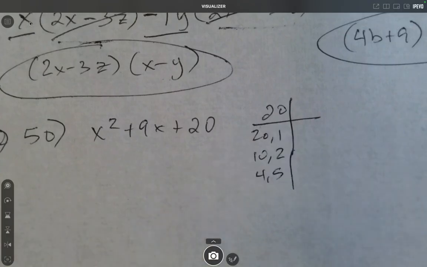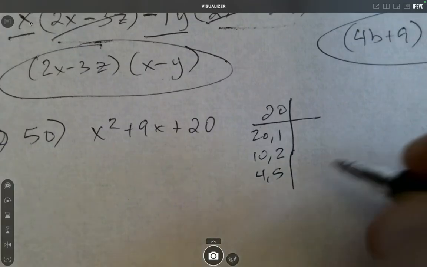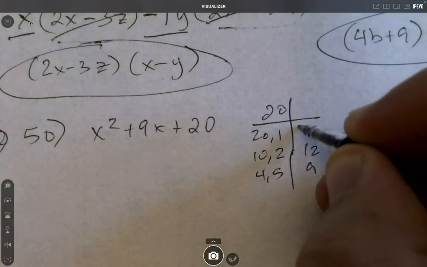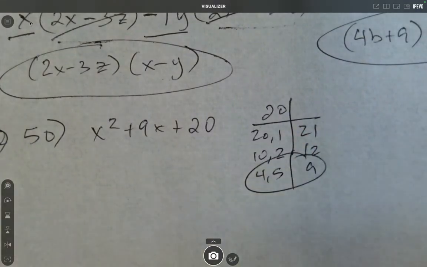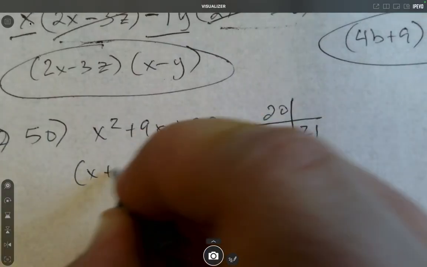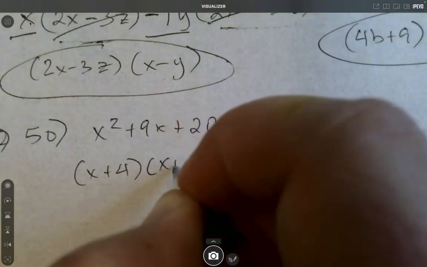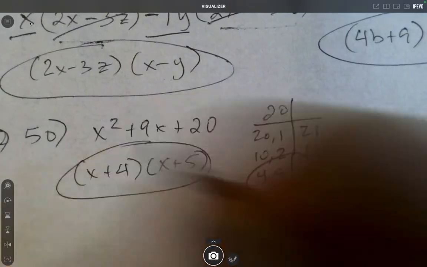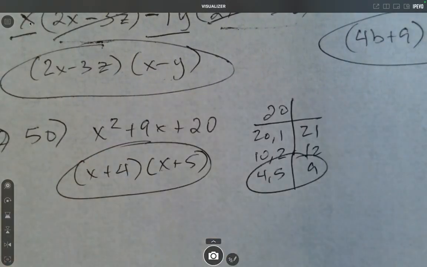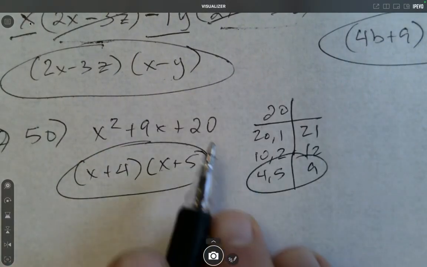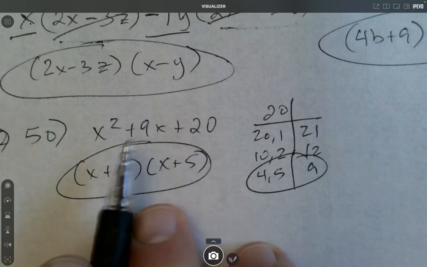I did that just so you know it's okay if your first guess isn't right. If you can see right away, oh, that's going to be 4 and 5, that's great. You can just skip right to that. Then you would say x plus 4, x plus 5. And you're done. Because 4 and 5 multiply to be 20 and add up to 9.